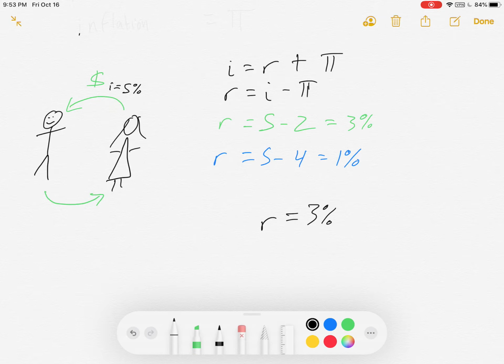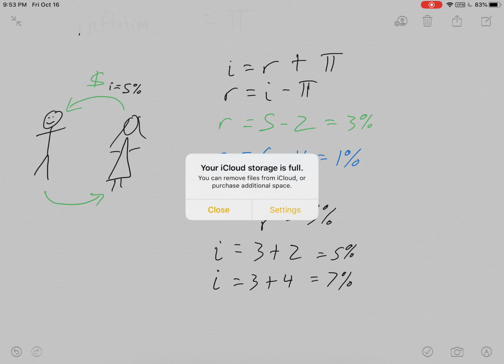If that were the case, then they would choose a nominal interest rate, 3 plus 2, that's the interest rate plus pi, is 5%. And if they thought that inflation was going to be 4%, then they would set their interest rate to 7%. They're going to target it. Like, they know this happens.